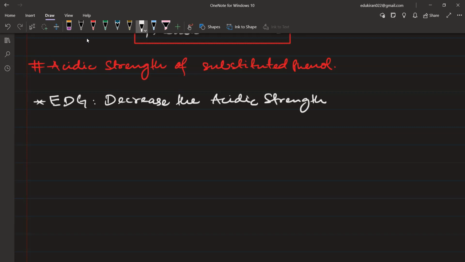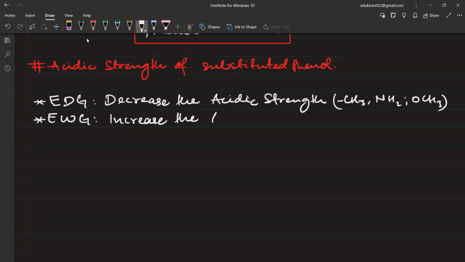ठीक है? So electron donating groups will be such as CH3, NH2, OCH3. All of these are what? Electron donating groups. Then we have electron withdrawing groups. Electron withdrawing group, what it will do? It will increase the acidic strength.